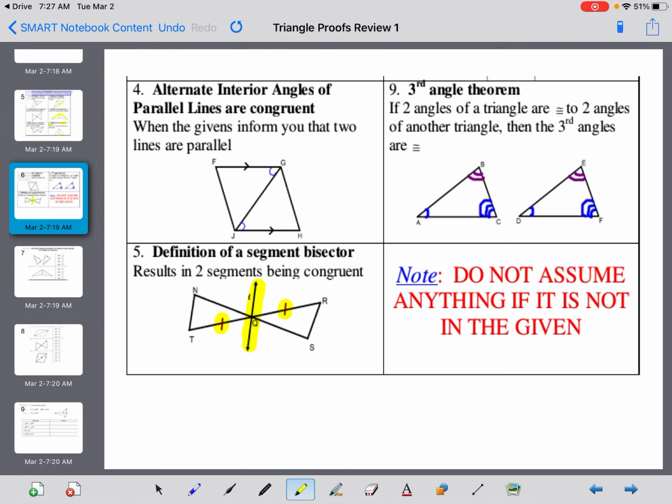And last, your third angle theorem. If they give you two angle pairs congruent, then you know that the thirds must be congruent. And the most important thing, right down here at the bottom: do not assume anything if it is not in the given. We either need to state it to prove it ourselves, or it's going to be in the given. We can't just assume.